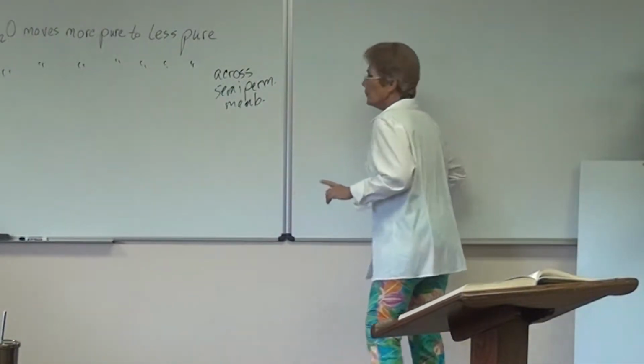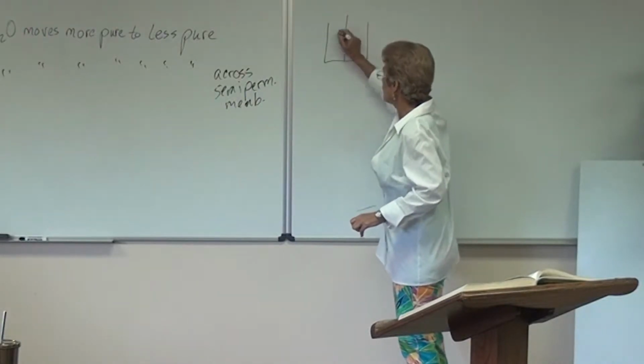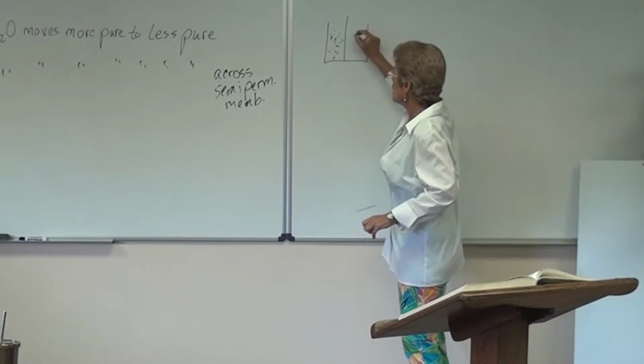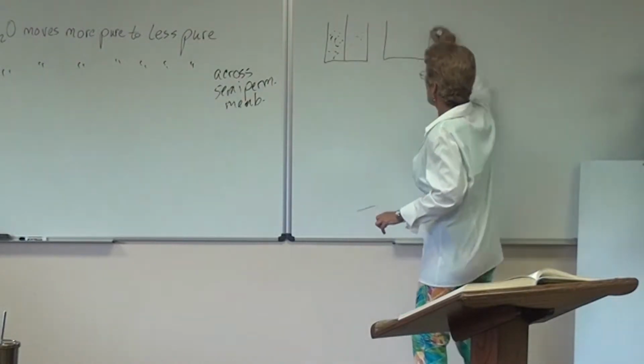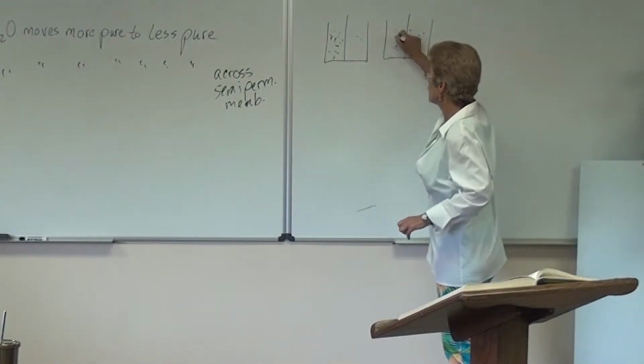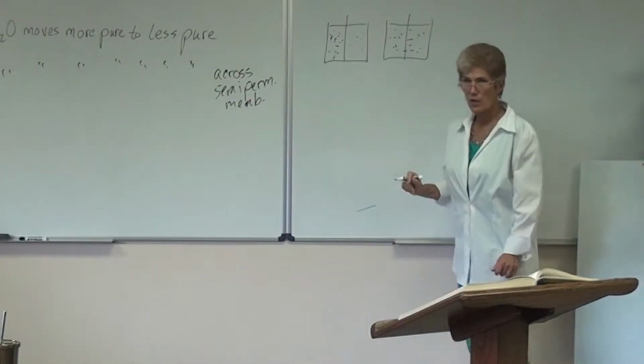I won't do exactly what they did, but here. If you start off with a whole bunch of solute over here and a little bit of solute over here, then in the next picture, it shows that it's all equally polluted, and the water level hasn't changed.